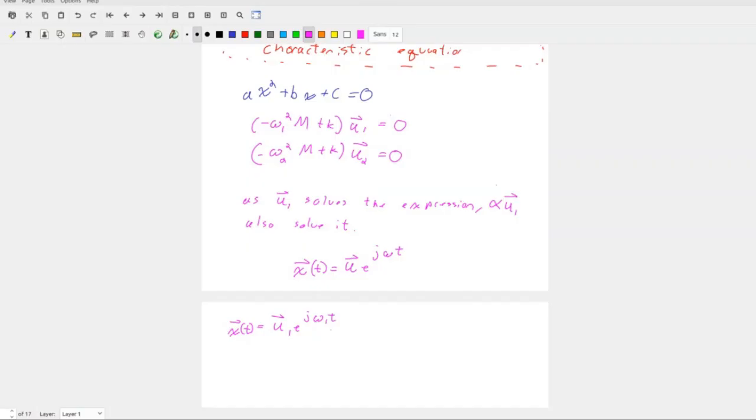That's why we have an omega 1 and a u1. Oh wait, I messed up, I've got a negative there. I'm going to do it that way. U vector 1 e to the positive j omega 1t, because I have a positive and a negative solution. And then I have a u vector 2 e to the negative j omega 2t, and I have a u2 e to the j omega 2t.